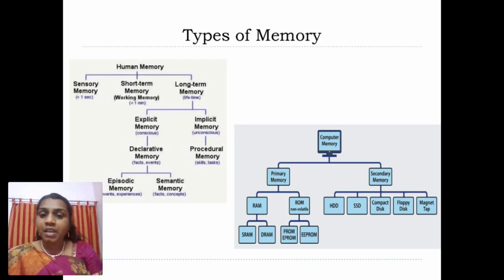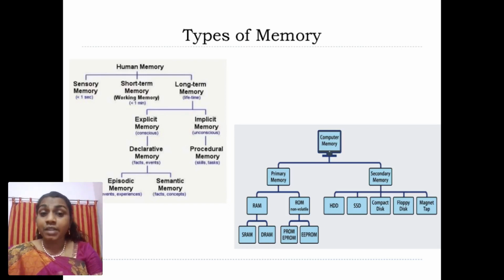Your primary memory is your random access memory, read only memory, and erasable programmable memory, and your static RAM and your dynamic RAM fall under primary memory. When you consider the secondary memory, it is your floppy disk, magnetic disk, your USBs, your SSDs, your memory cards, everything falls into the secondary memory.